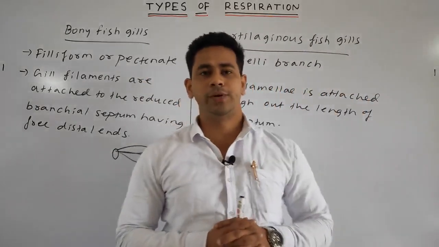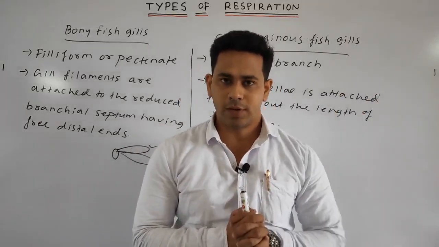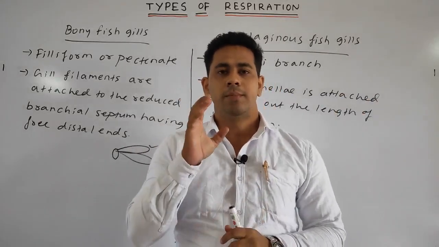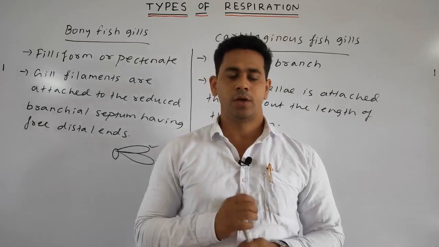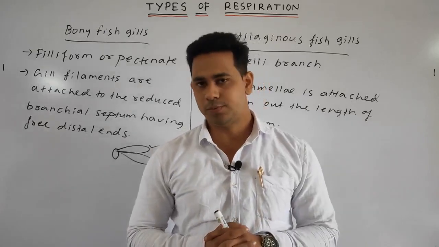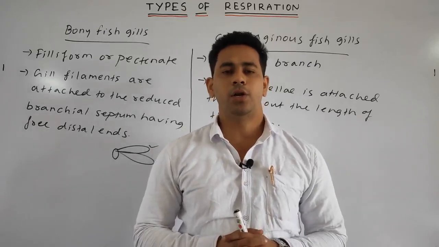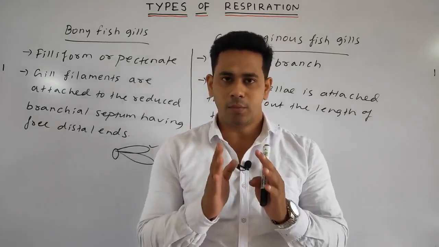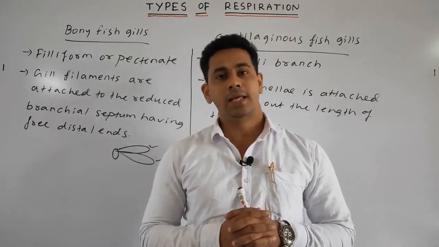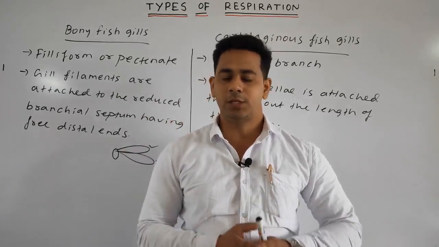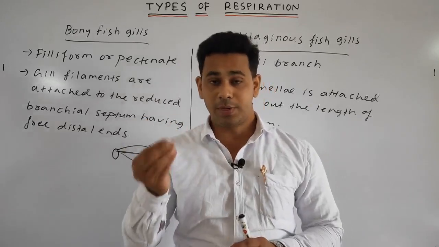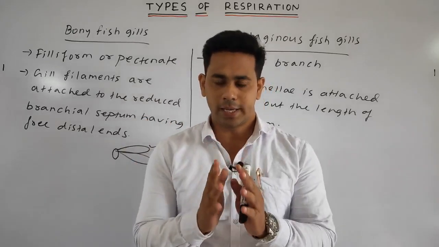So students, today we discussed the types of respiration on the basis of the respiratory organ. First, we discussed cutaneous respiration, in which the respiratory organ is the moist skin. In branchial respiration, the respiratory organ is generally the gills.